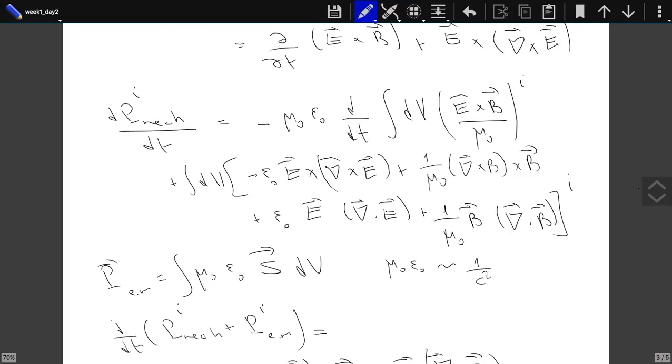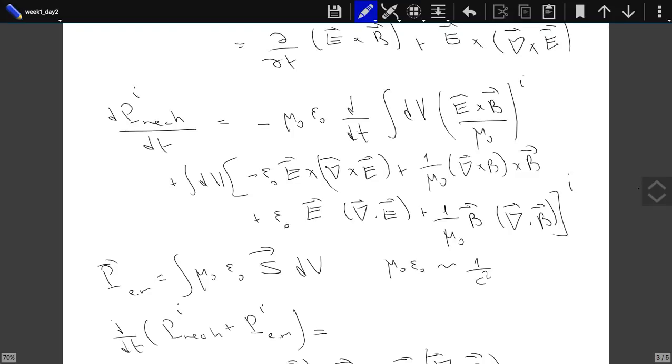O zaman T pointing vektör mü? T plays the role of pointing vector. You see, what pointing vector was, pointing vector described the flow of energy. So we have a system that has some energy density, and this energy density is flowing around. So that flow around is described by the pointing vector.